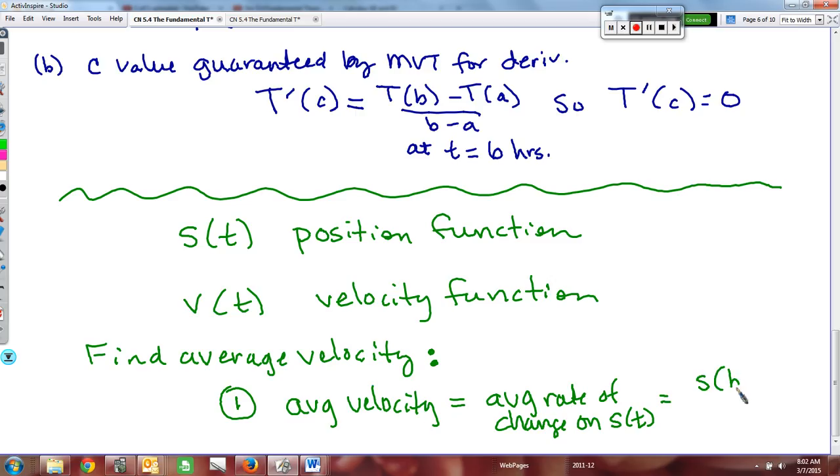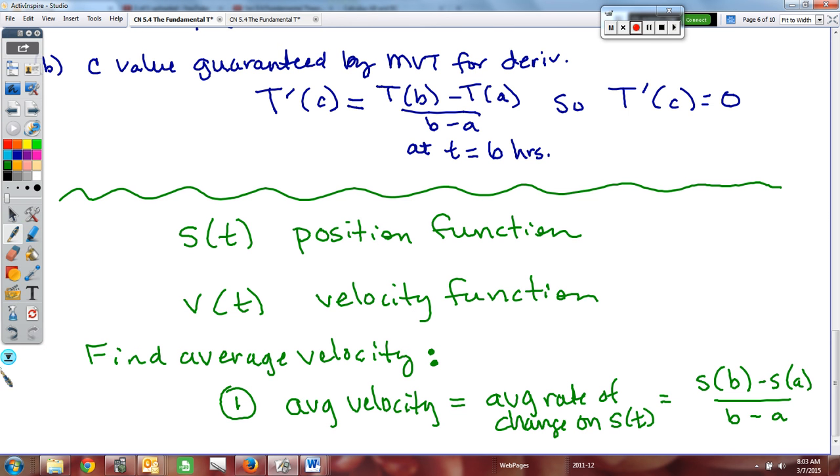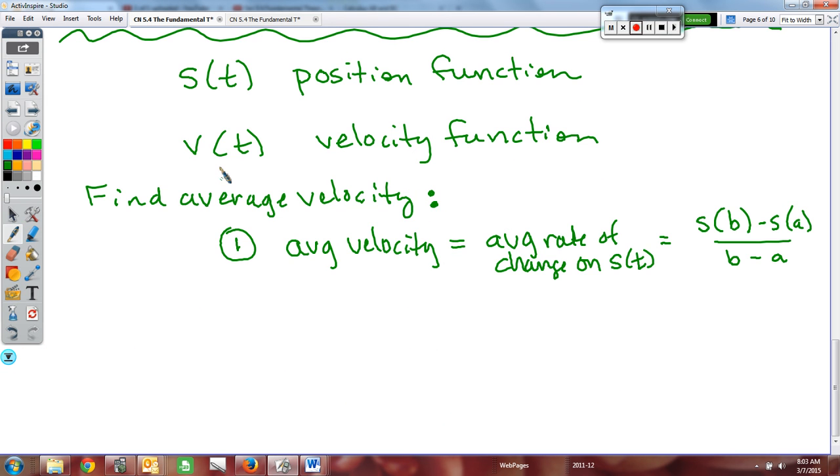So you would do s of b minus s of a all over b minus a. So you can find average velocity if you are given the position function by doing change in position over change in time. And again, this is for the interval a to b.